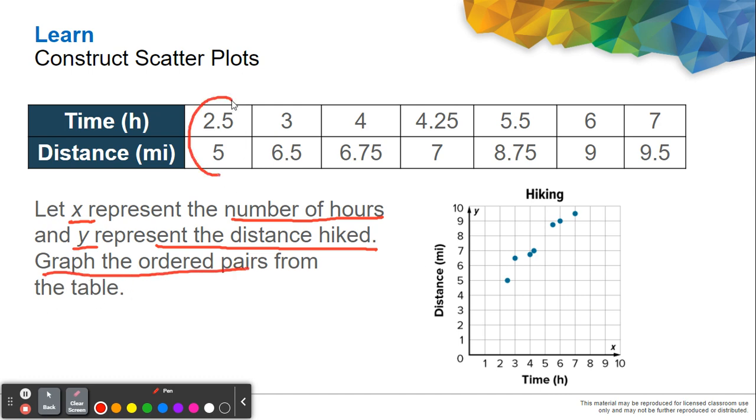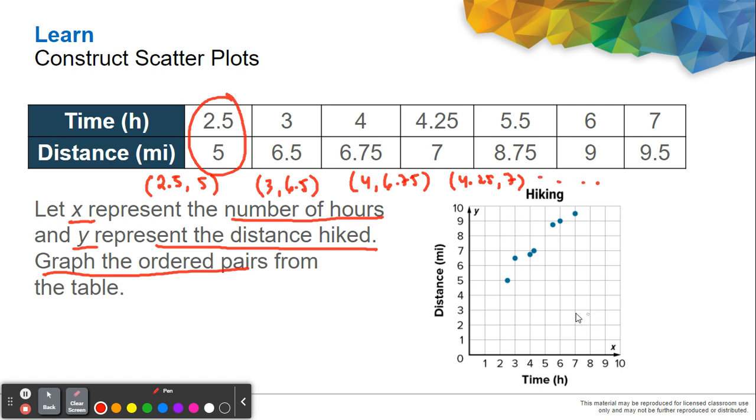So we treat each pair of data as a point. For the first one, we have 2.5 and 5. So our x will be 2.5 and our distance y will be 5. For the next, we have 3 and 6.5. Then we have 4 and 6.75. And then we have 4.25 and 7 and so on and so forth.